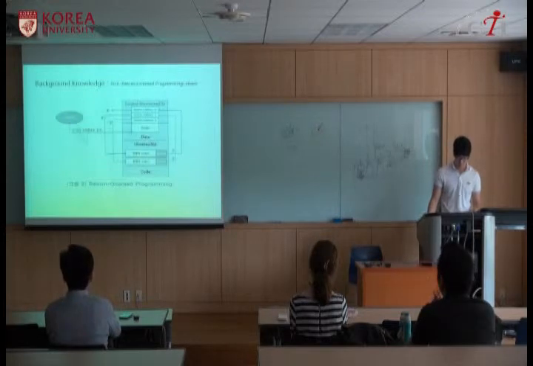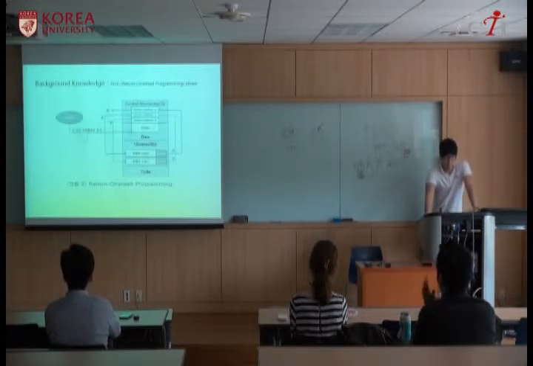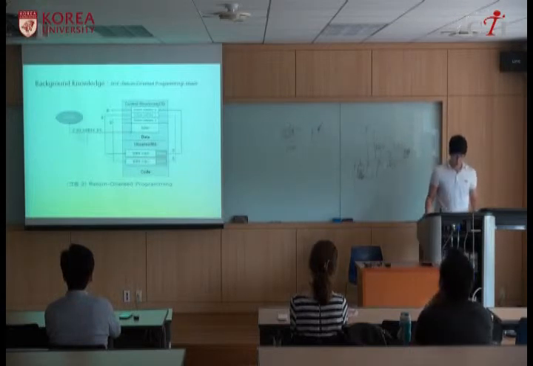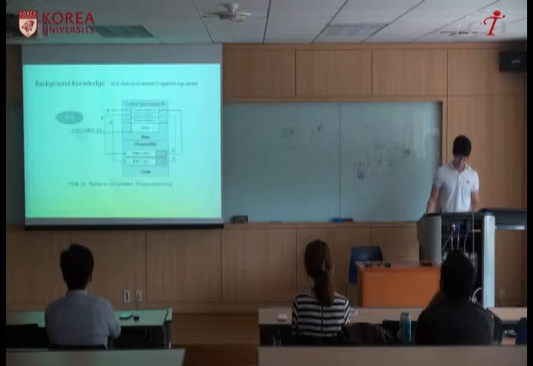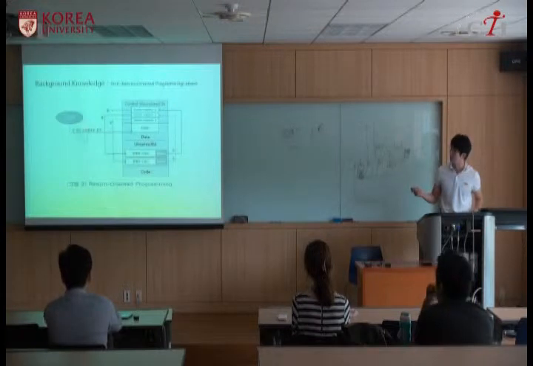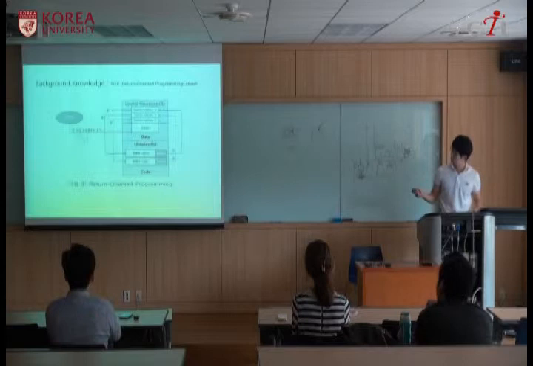This is one example of an ROP attack. This picture is from another paper. The attacker used a buffer overflow attack, and they changed the program flow. And these are gadgets.